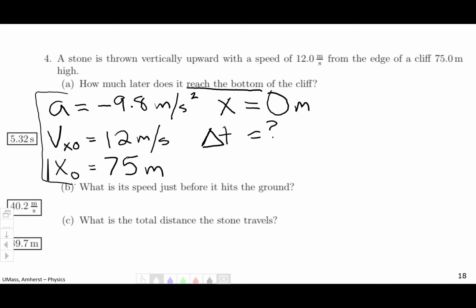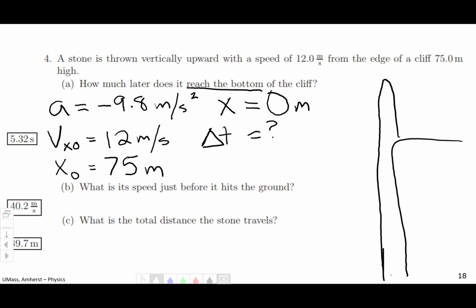We have a Vx0 and x0. We can solve this in a couple of ways. We can determine how much time it takes. So here's our physical position. We throw it up and then it falls straight down.